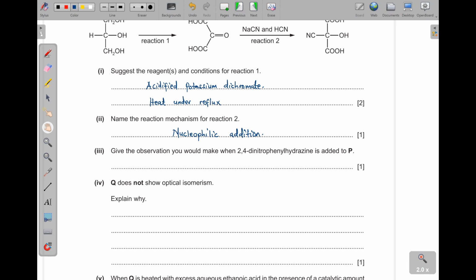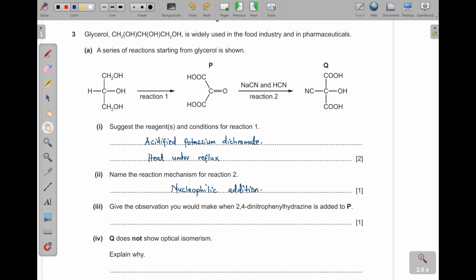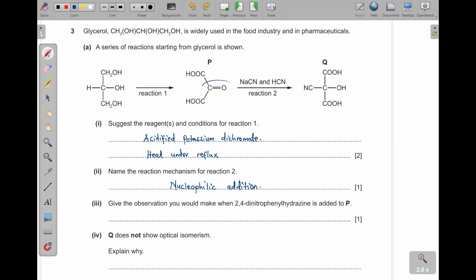Okay. Roman 3. Give the observation you would make when 2,4-dinitrophenylhydrazine is added to P. So where is P? P here has gotten a ketone, and this one here gives a positive test with ketones or aldehydes.